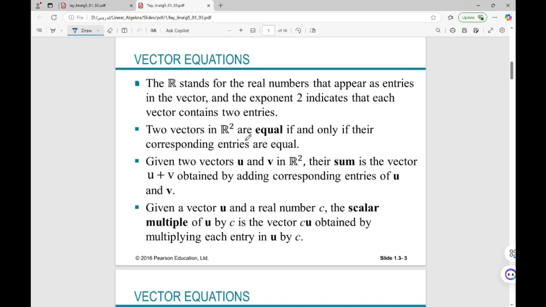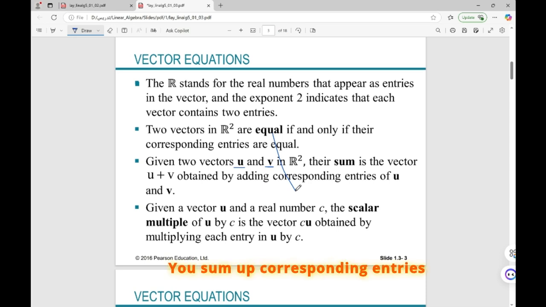How do you sum two vectors? So you have two vectors, vector u and vector v. How do you sum them up? By adding corresponding entries of u and v.